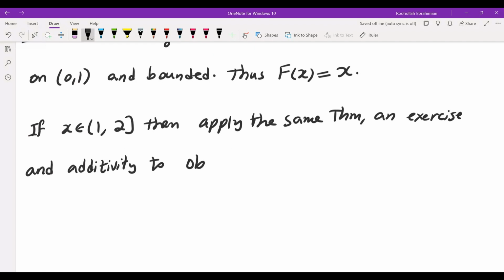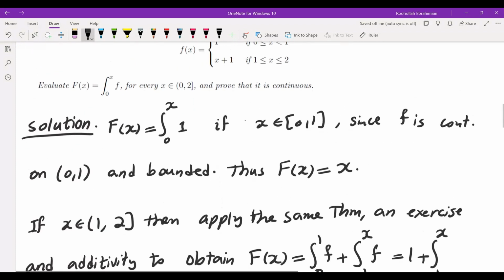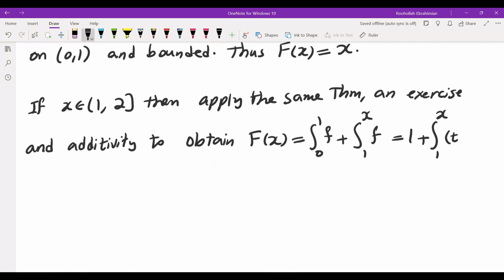To obtain F(x) equal to the integral from 0 to 1 plus the integral from 1 to x. Now, the integral from 0 to 1 is just 1, plus the integral from 1 to x of the function, which is t plus 1 dt.